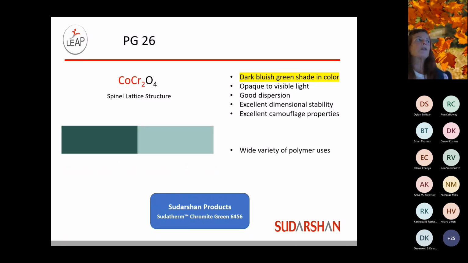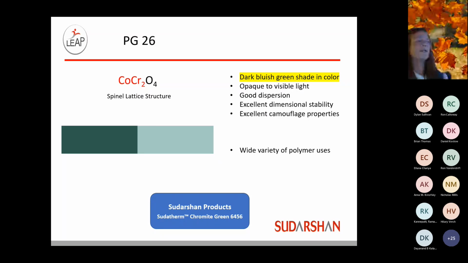The other green, Pigment Green 26. Here again, we bring in both the cobalt and chromium for the coloring nature of it. This results in a dark bluish green in color. And this one, as soon as I say it, provides some excellent camouflage properties.